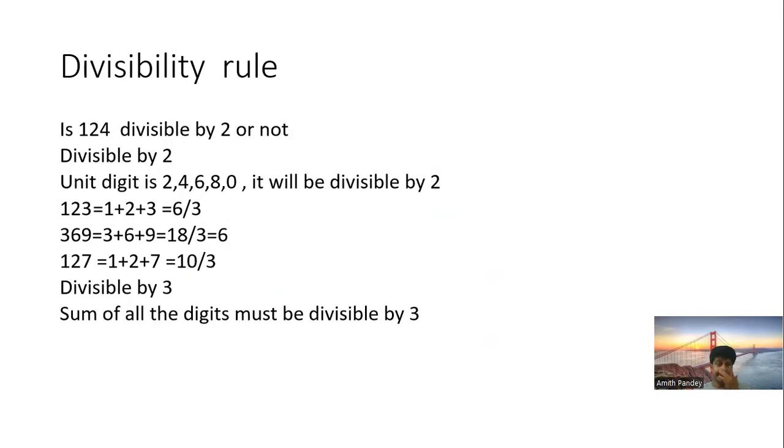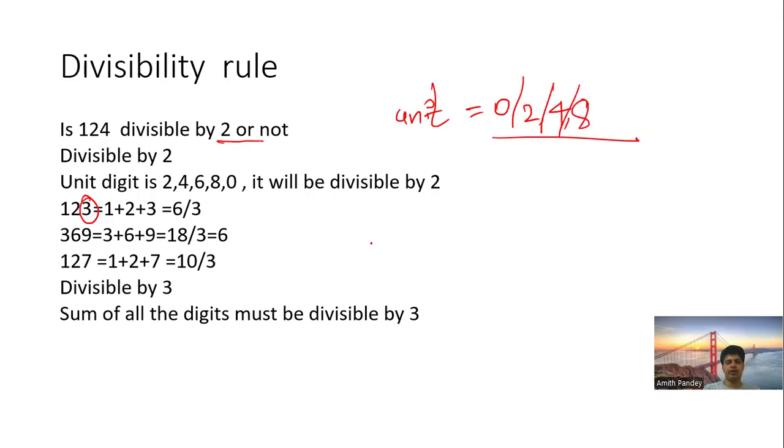Now, in case of divisibility, you might have heard of it, and we'll do a few questions related to divisibility. You just need to remember the divisibility rule of 2 is your unit digit, I mean this one. The unit digit must be either 0, 2, 4, 6 or 8, any one out of these.